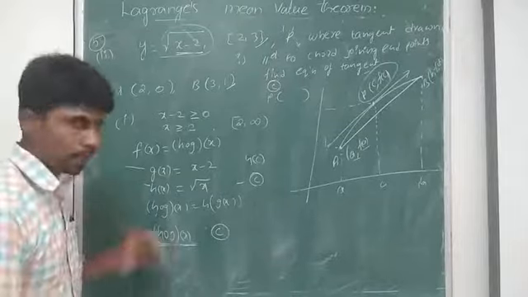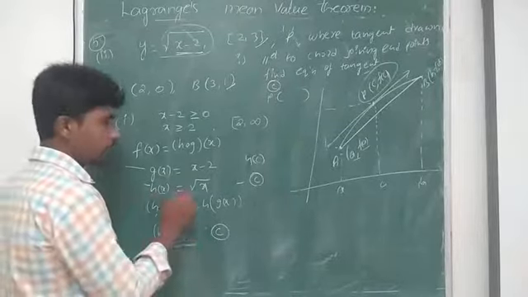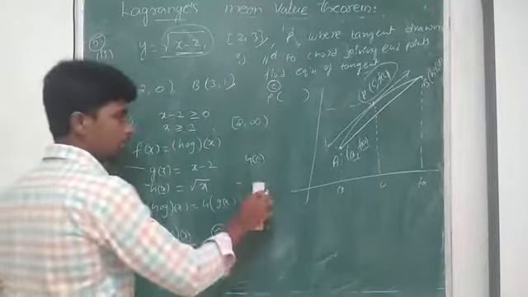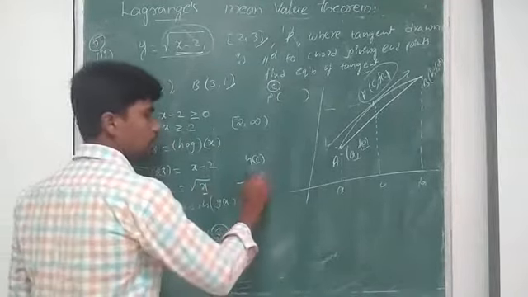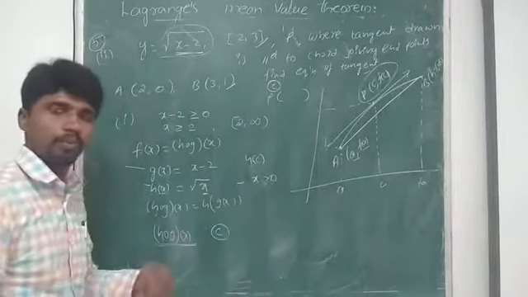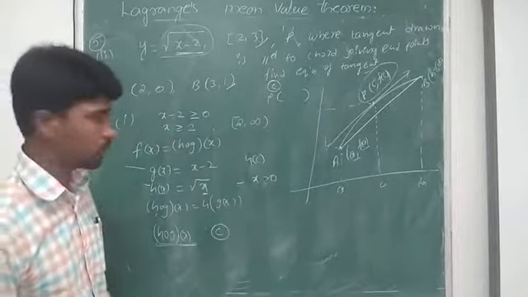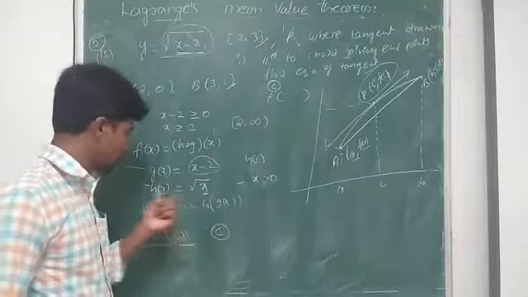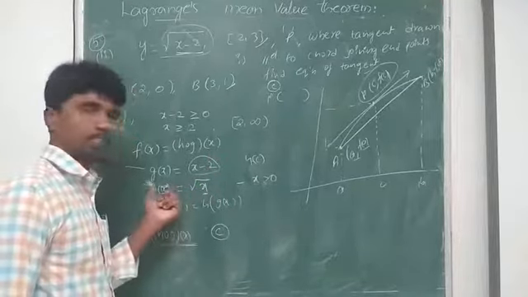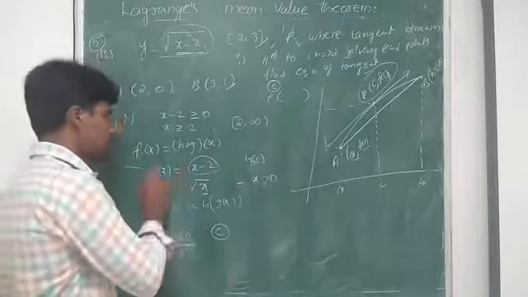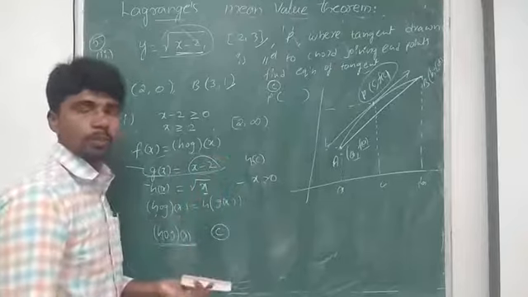So now we can see root x is continuous for x greater than 0. Substituting x greater than 0, we get h of c, which are all real numbers. And g of x is continuous for all real numbers.